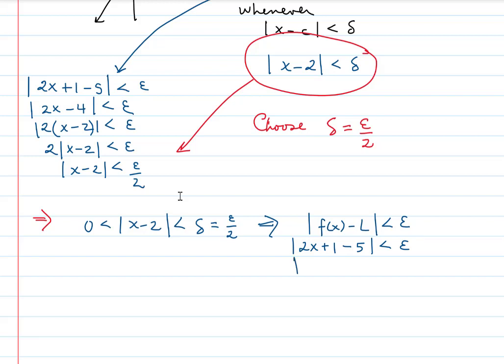Okay, is this true? Well, let's see. We've already done it over here, but let's redo it again. This is the absolute value of 2x minus 4 less than epsilon. We factor the 2 out, and we can get that 2 out of the absolute value, and we get this. But remember we said x minus 2 is less than delta.